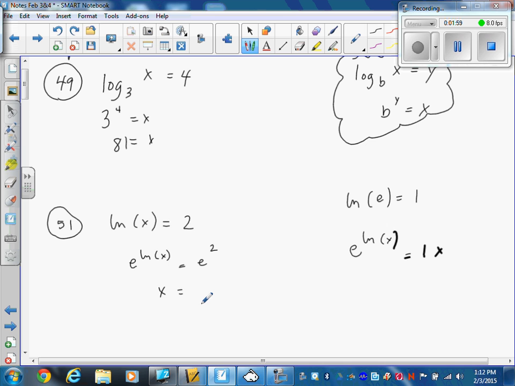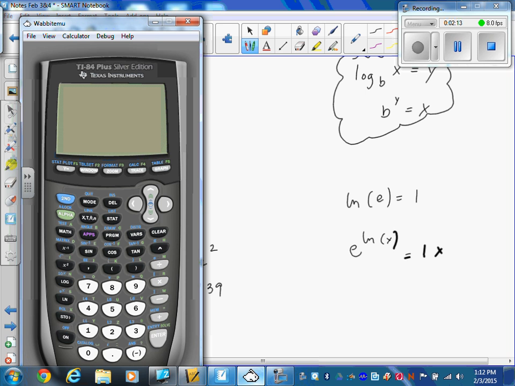So what is e squared? E squared is 7.39. You would, in your calculator, do e squared. So the e is right here.